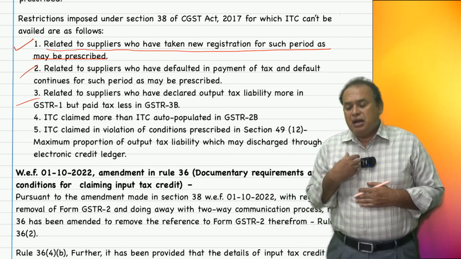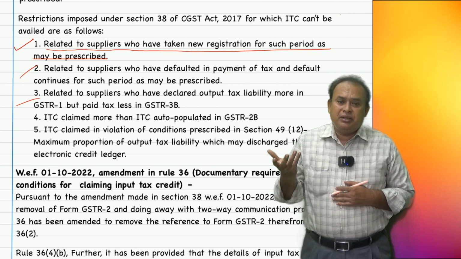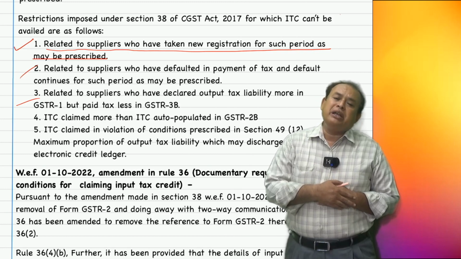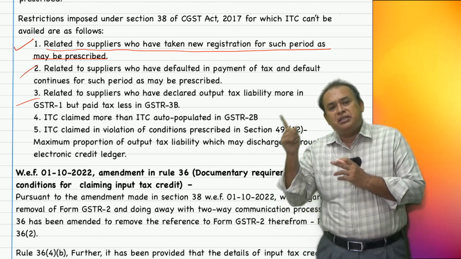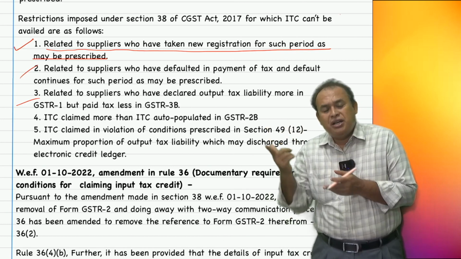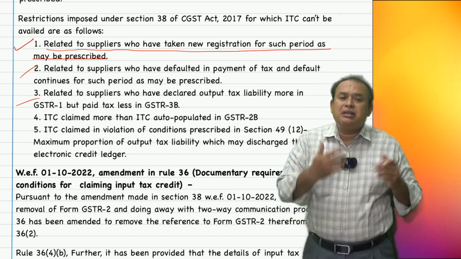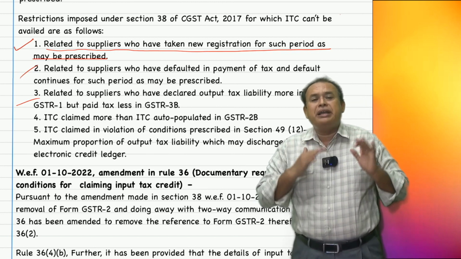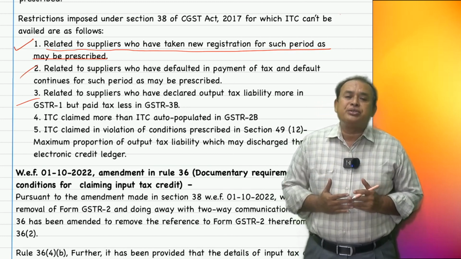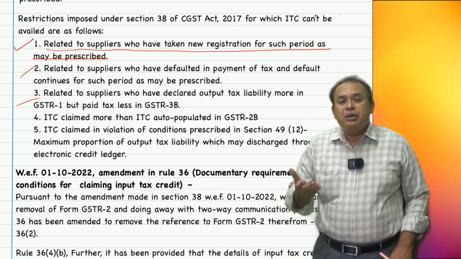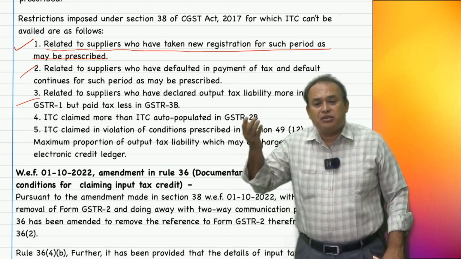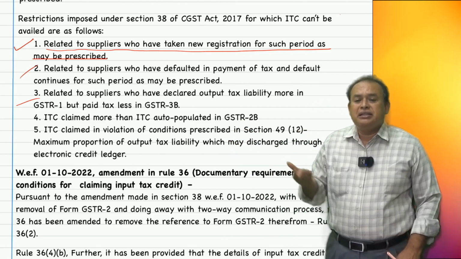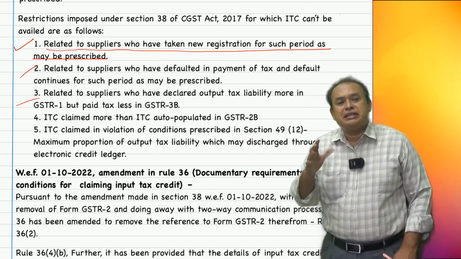As a supplier, I showed my output tax liability as 12 lakhs, but in the return, when I am going to pay GST, I paid only 2 lakhs. I showed the liability in GSTR 1 to pay GST of 12 lakhs, but I paid the GST while submitting GSTR 3B only 2 lakhs. That means the liability shown to pay GST in the GSTR 1 return is more, but paid far lesser than GSTR 1. In that case, input tax credit is not eligible.